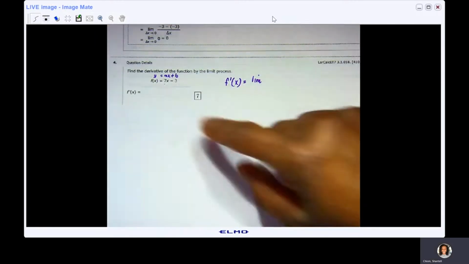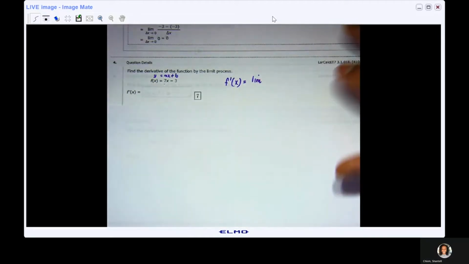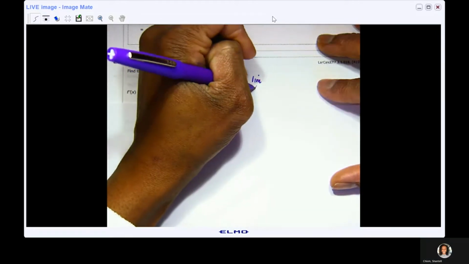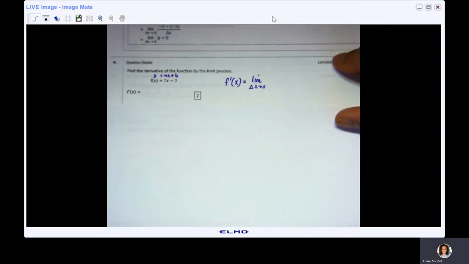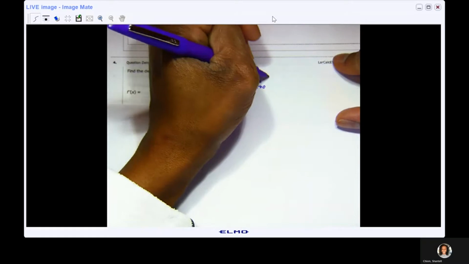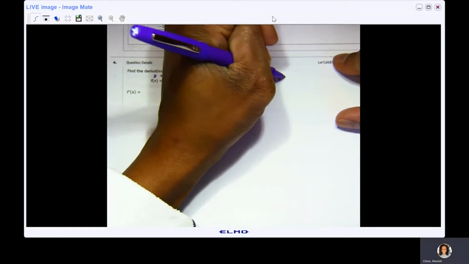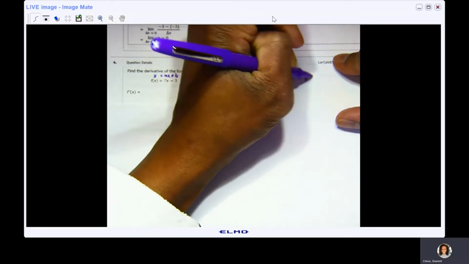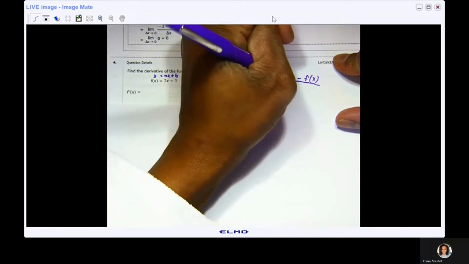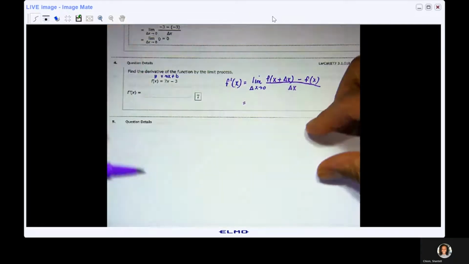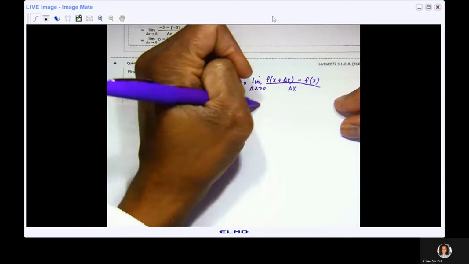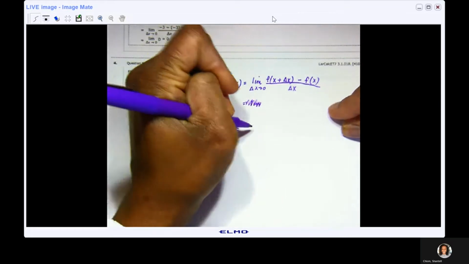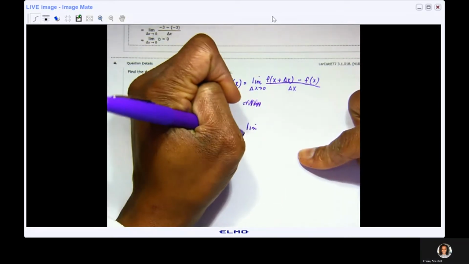The process, so this would be the function at x plus delta x, minus the function over delta x. Remember?